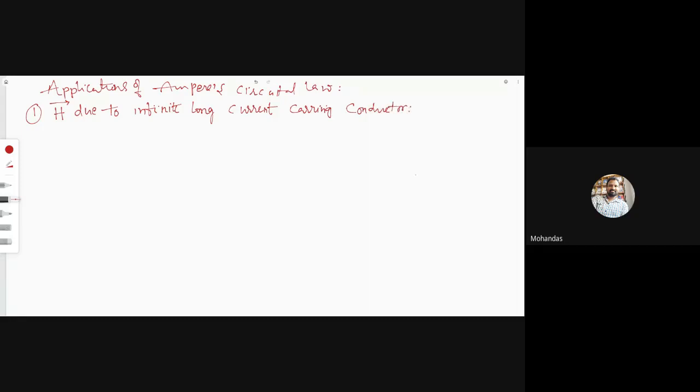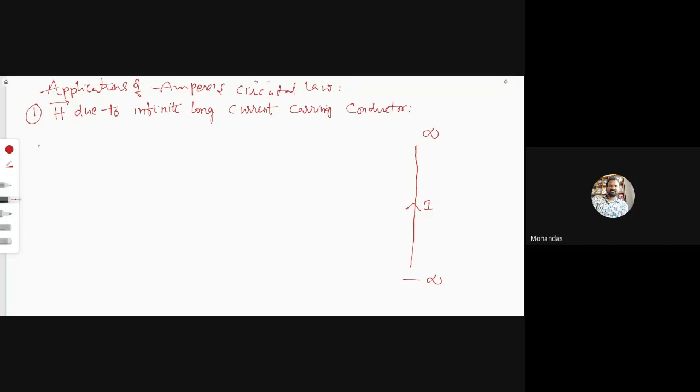Now let us take our conductor here. This is our straight conductor, which is extending from minus infinity to plus infinity, and carries a current I. Okay. Now let us follow the steps one by one.